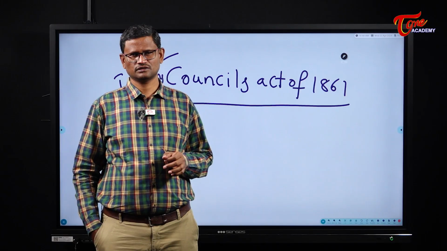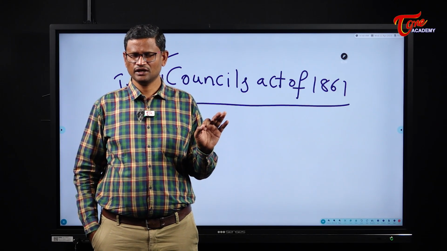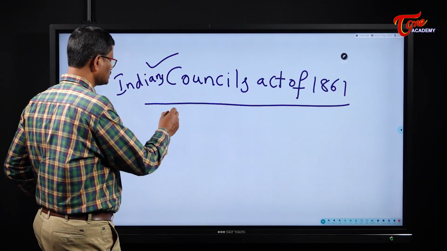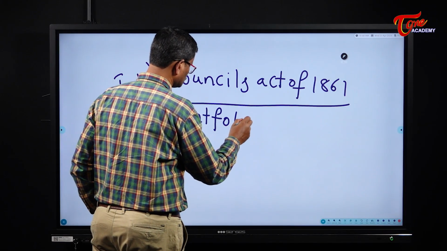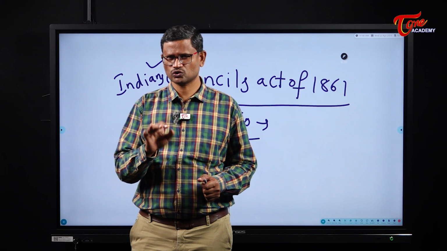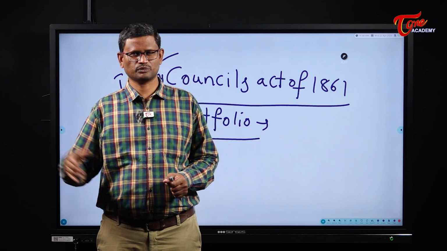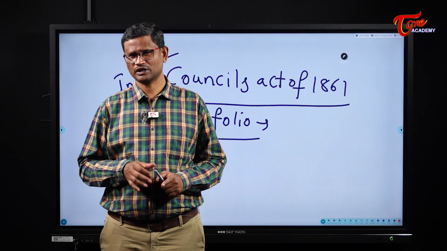The next one is Lord Canning, who was the Governor General of India and Viceroy by then. He came up with a system called the portfolio system, which means the burden of administration before the Executive Council is divided into a number of departments. Each member of the Executive Council was made head of one department.